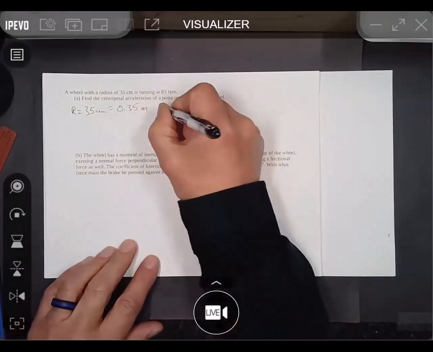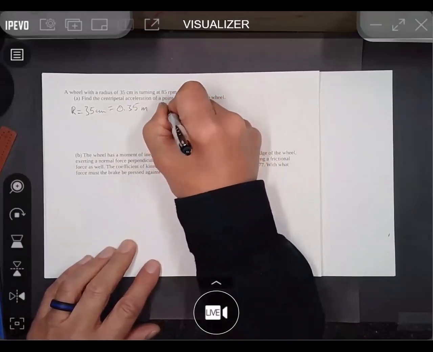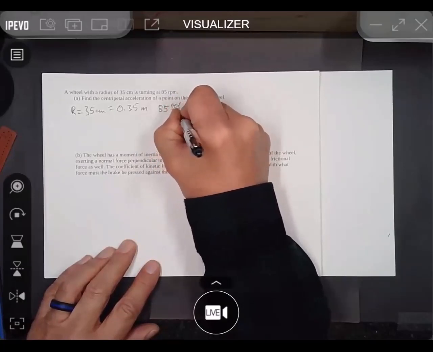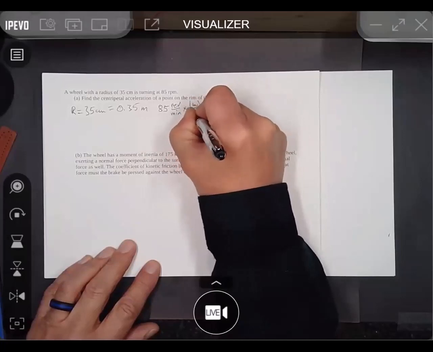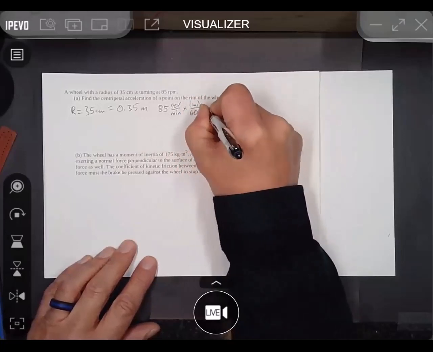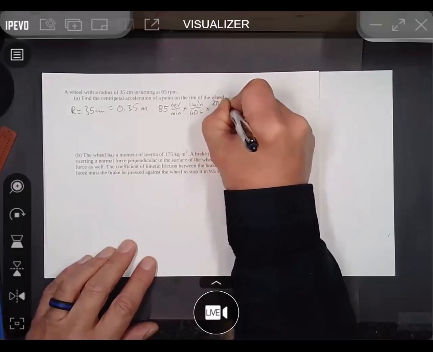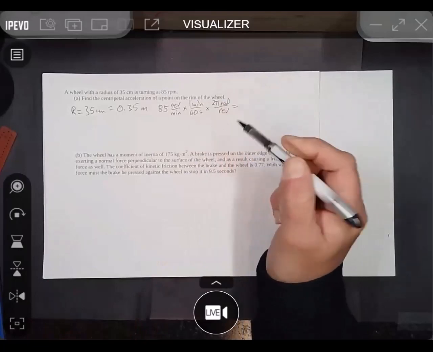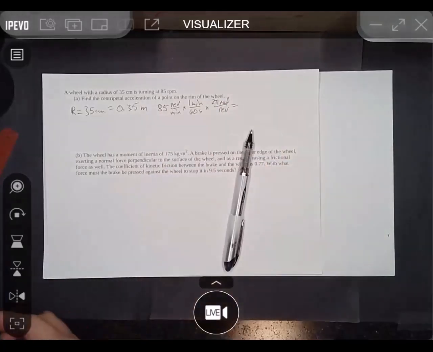And 85 RPM, I want to get that in radians per second. So I write it rev per minute times 1 minute over 60 seconds times 2 pi radians per revolution. And so anytime you get something in RPM, that's the process you go through to convert it into radians per second.